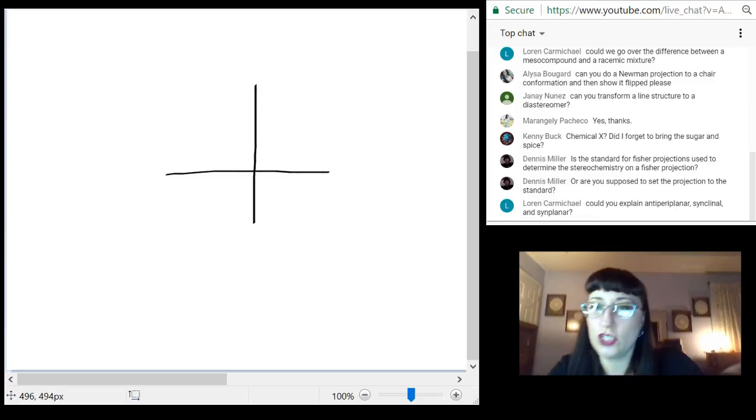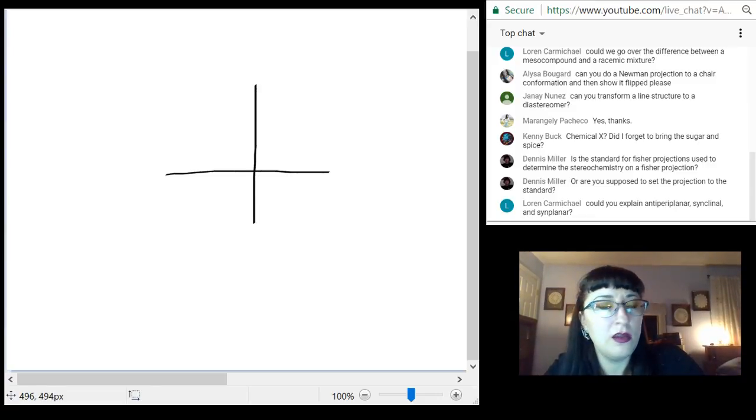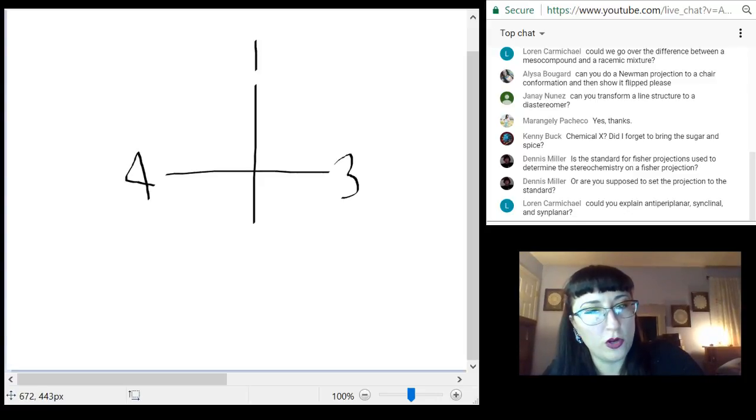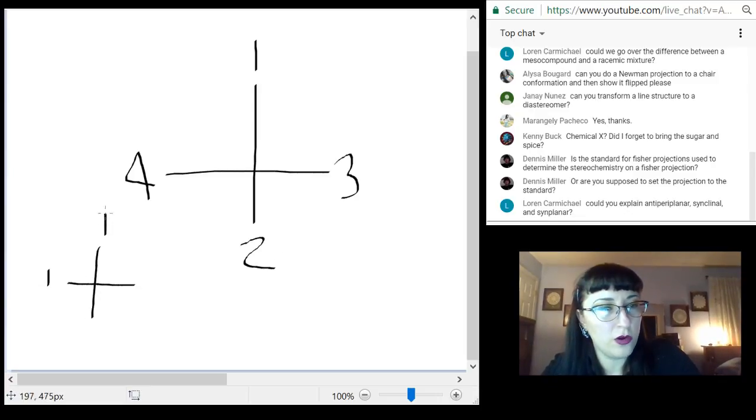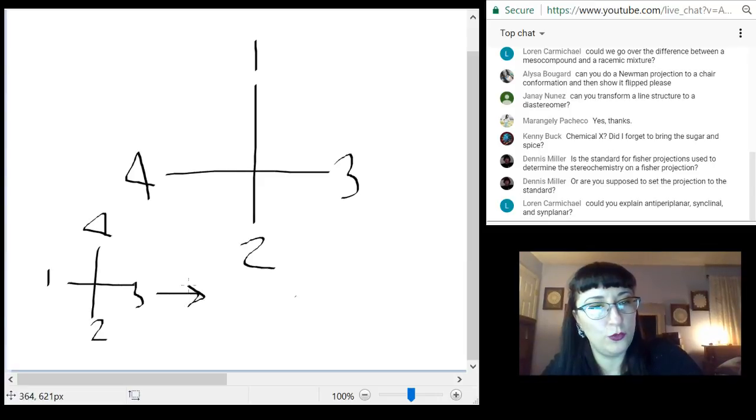So if I have any kind of Fisher projection, I could have it where whatever my groups are like that. Well, I can't determine the stereochemistry of that without going and moving things around, right? So I'd have to move 1 and 4. I'd have to move 2 and 4. Whoops.